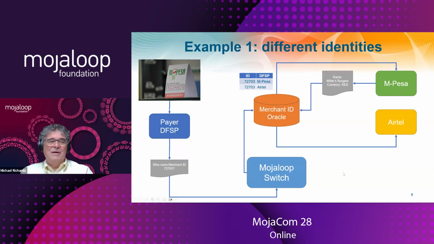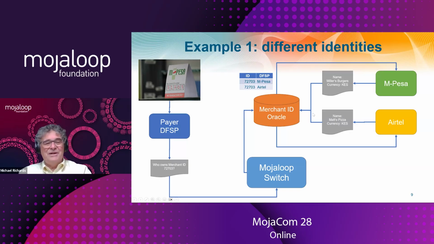And M-Pesa responds and says that code relates to the famous and delicious Miller's Burgers, beloved of modular loop customers throughout history. And the other one, Airtel, says, no, that refers to Matt's Pizza, delicious as well, though not of quite magnificent antiquity as Miller's Burgers.